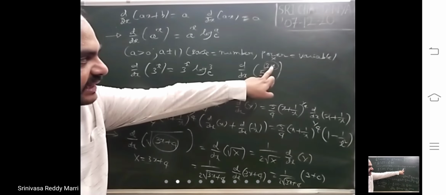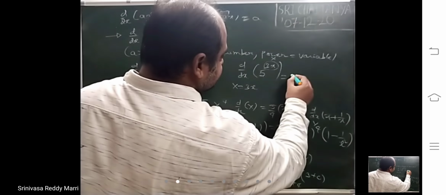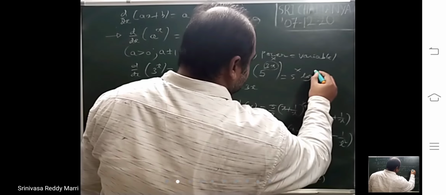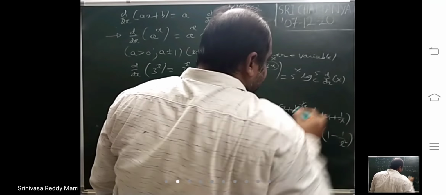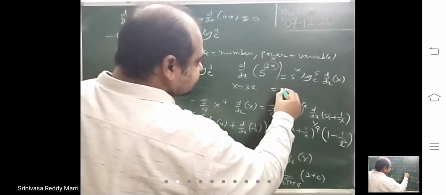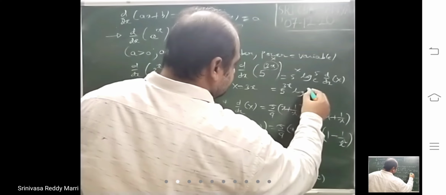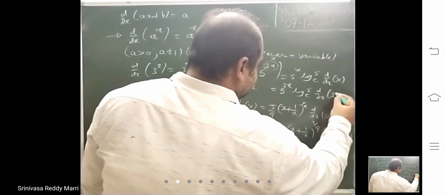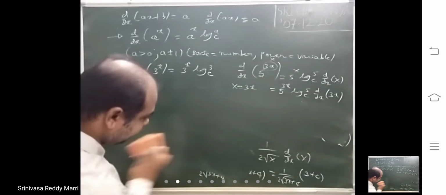That means if you take this as capital X, standard rule: 5 power capital X into log 5 to the base e into, whenever capital X has been taken, you write again d by dx of capital X. So what is capital X now? 5 power 3x into log 5 to the base e into d by dx of 3x. d by dx of 3x is nothing but the standard rule, that is 3.